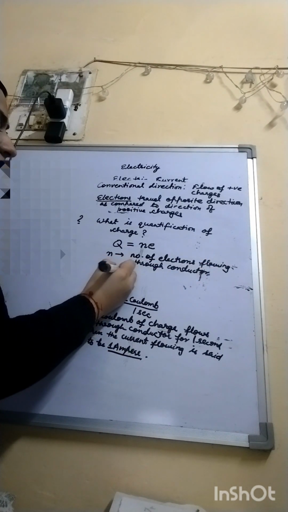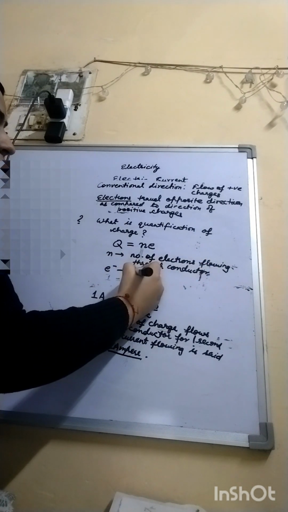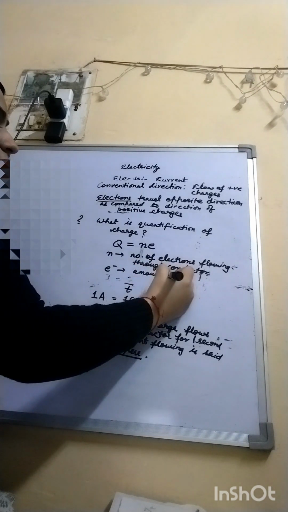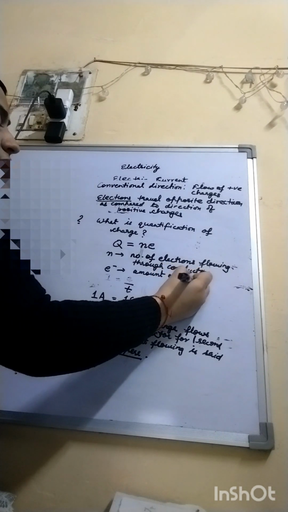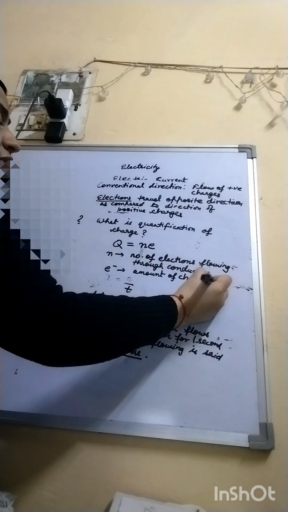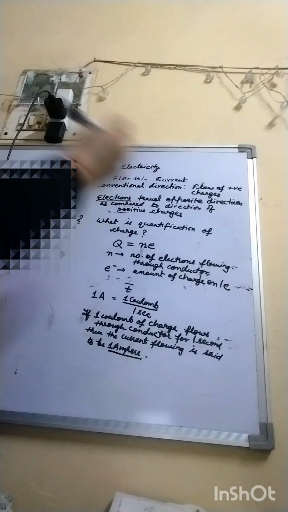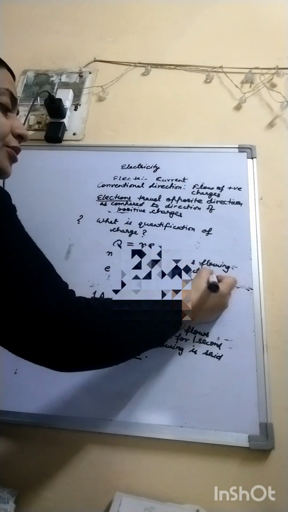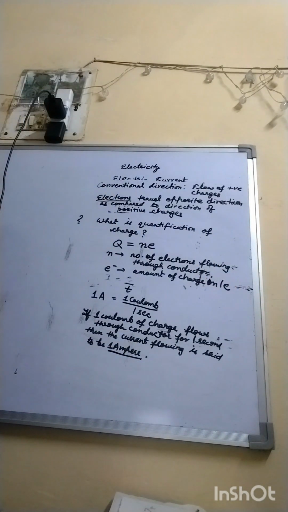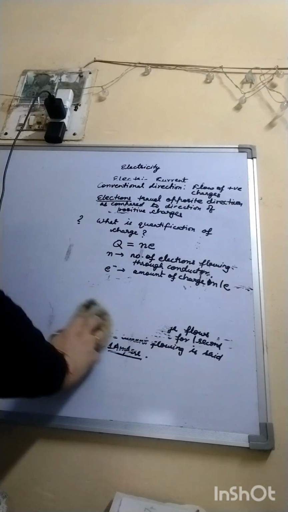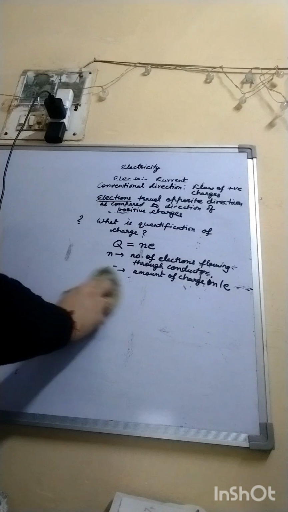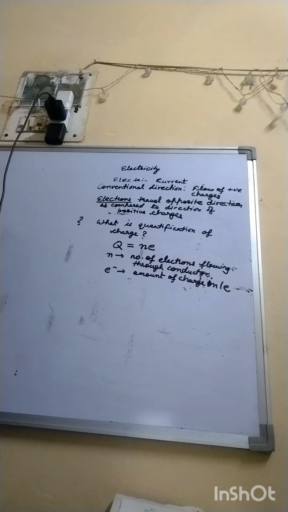and E is the amount of charge on one electron. Can you give the significance of this formula?